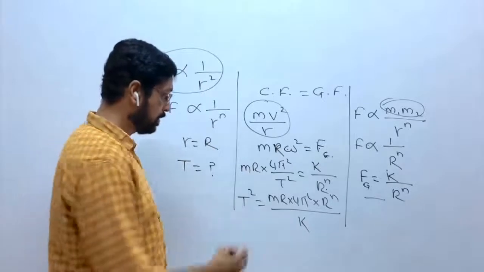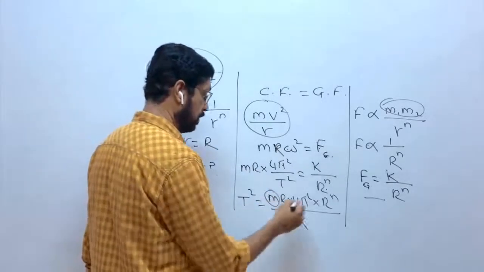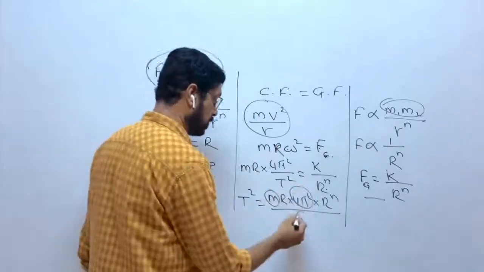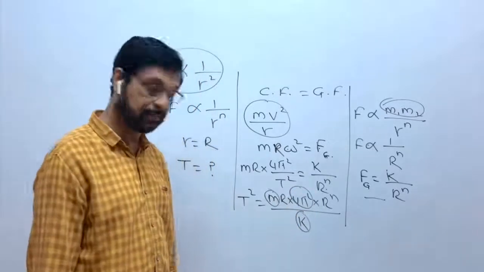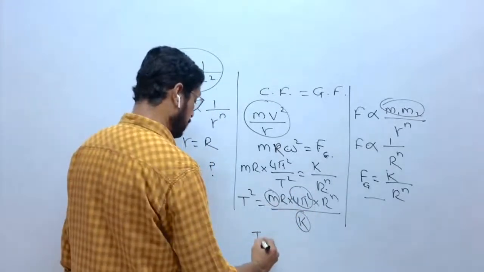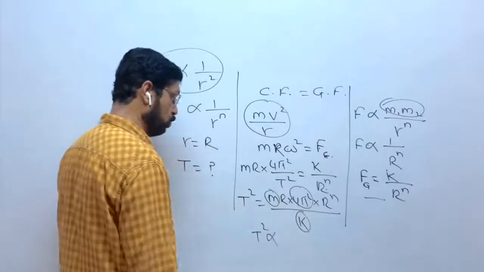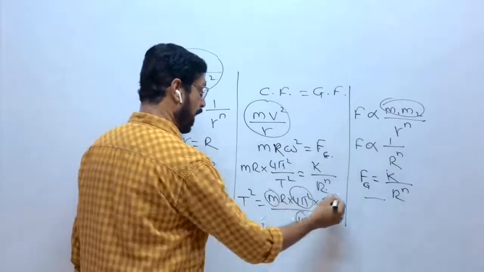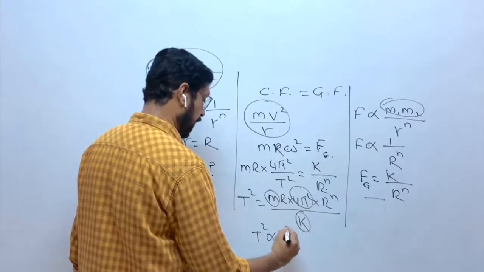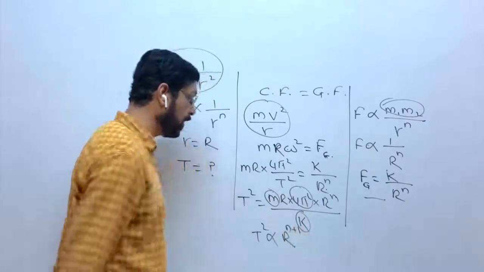Now if you observe this, m is a constant, 4 pi square is a constant, k is a constant, means T square is proportional to r into r raised to n, that is r raised to n plus 1.